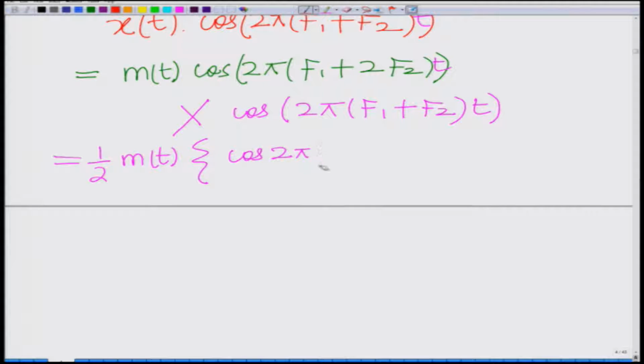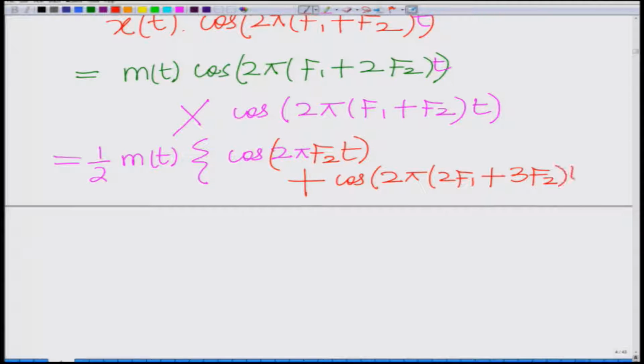You can see that it again gives the difference f2 t, plus cosine the sum of frequencies, (f1 plus 2 f2) plus (f1 plus f2), that is 2 f1 plus 3 f2, times t.